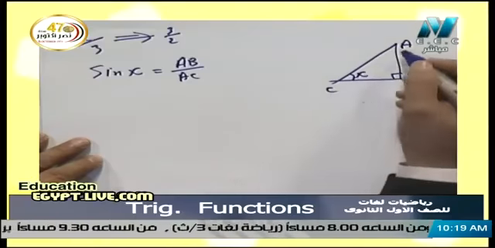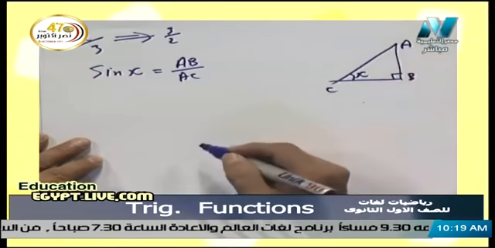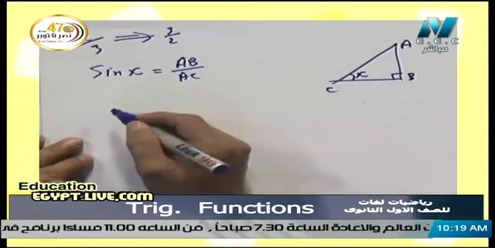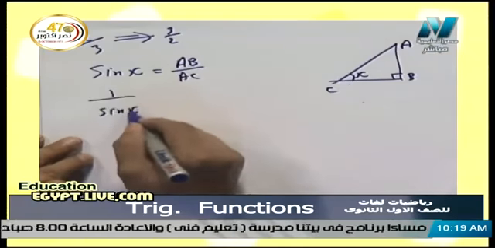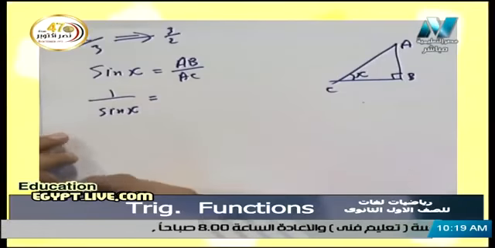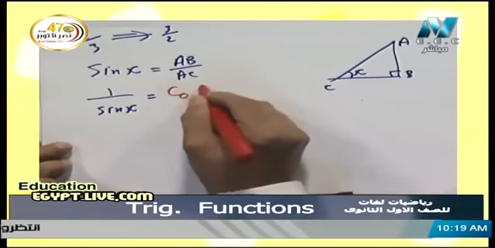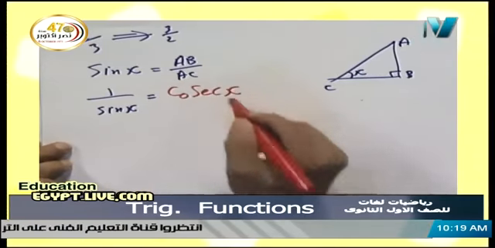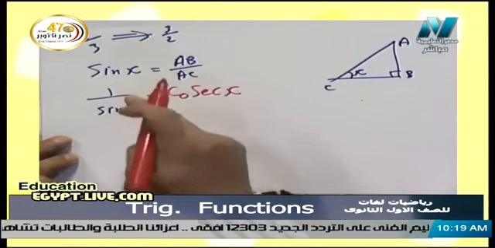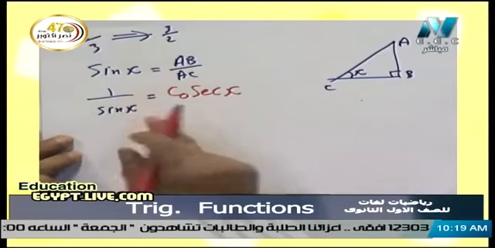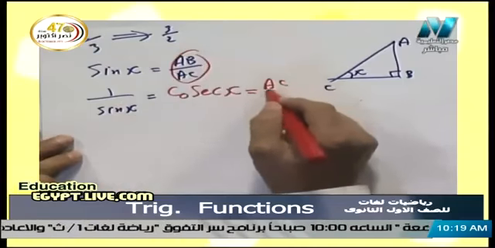So sine x is AB over AC, opposite over hypotenuse. And its reciprocal will be 1 over sine x, and we call it cosec x. Cosec x equals 1 over sine, the reciprocal of the sine function, and of course it equals AC over AB.